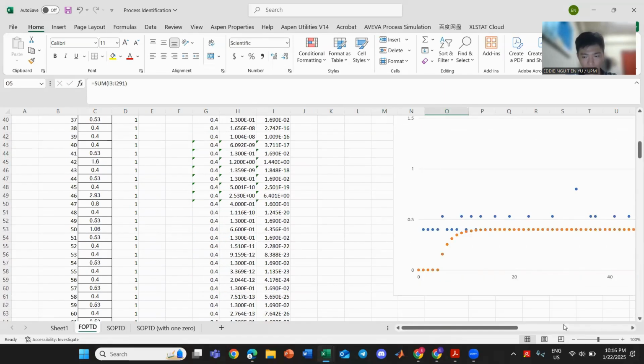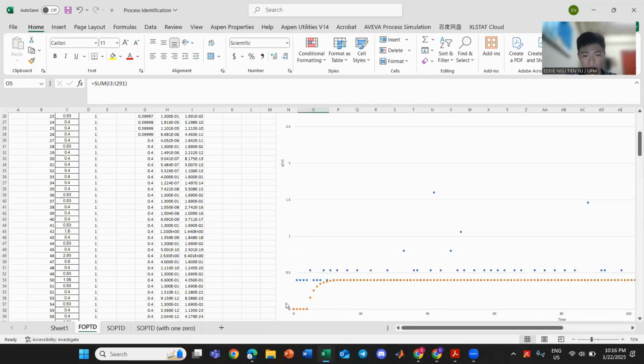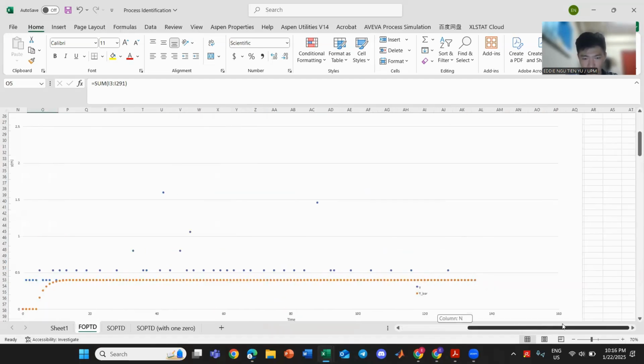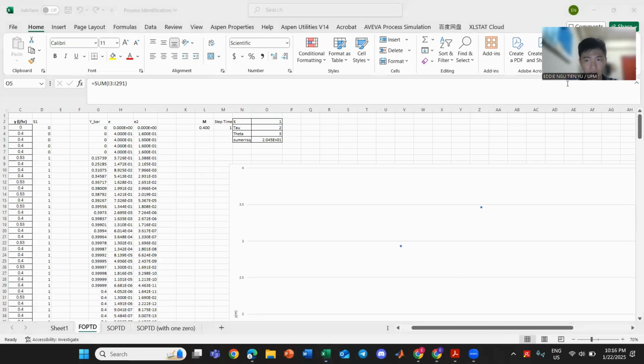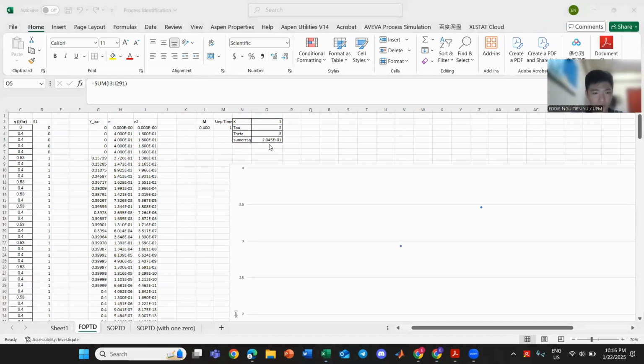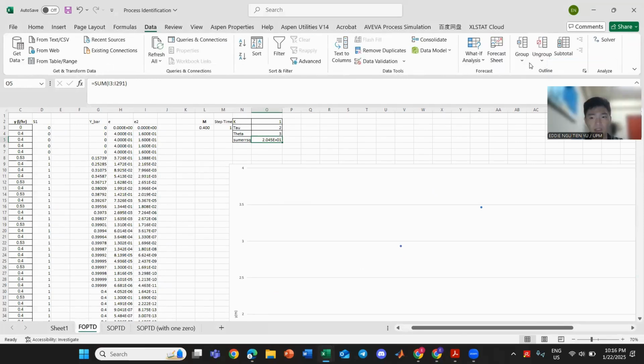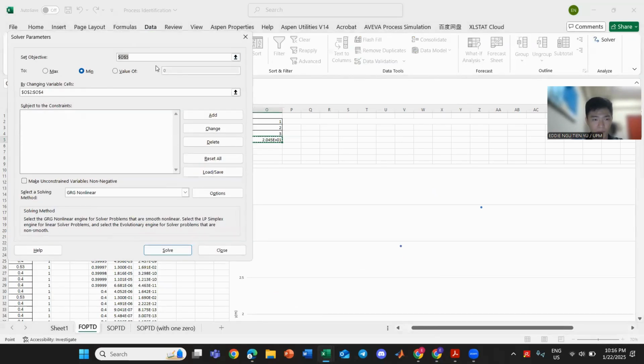Now we can see the pattern of the steady state graph with the FOPDT. So we will use the solver to find the smallest sum of error square. We will take that value and take that transfer function as our process transfer function.